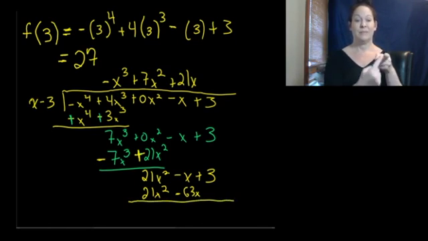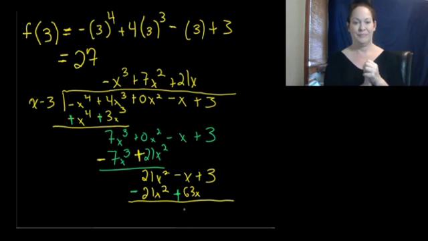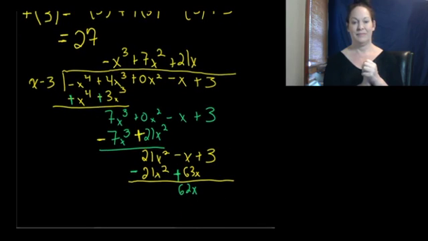I'm going to change my signs. If I did things right, these first terms should cancel, and I get 62x. I'm trying to see if I got a sign error in here. If I did, we'll see how to fix it.